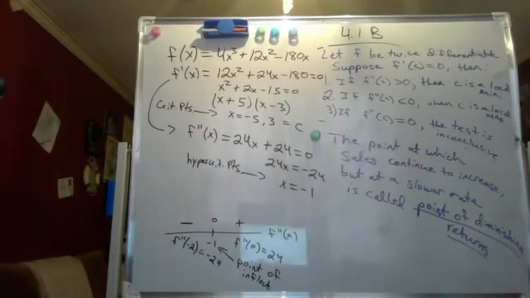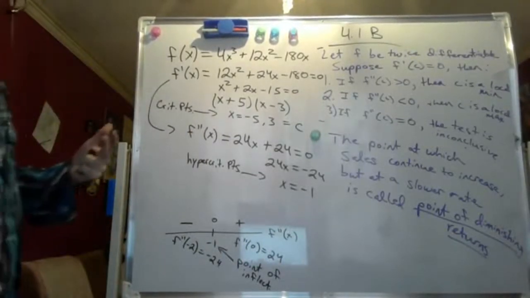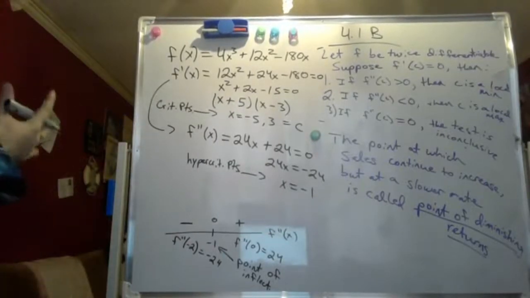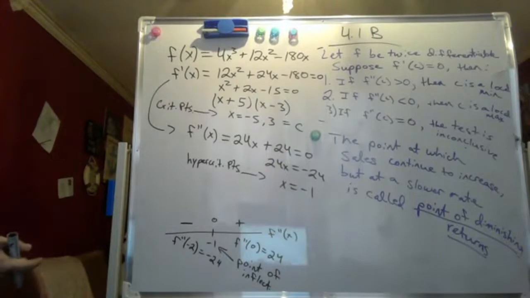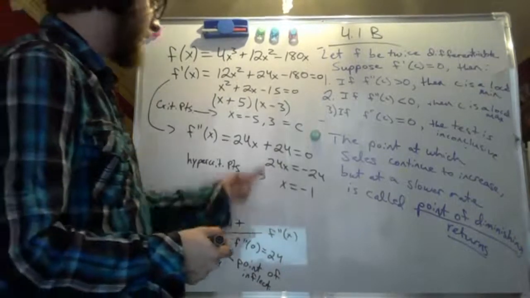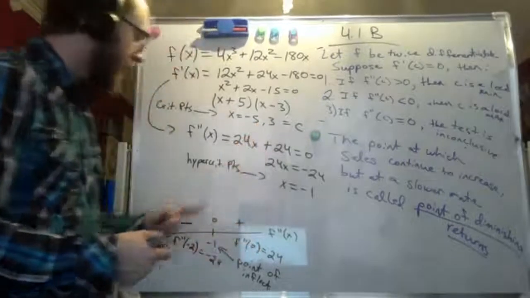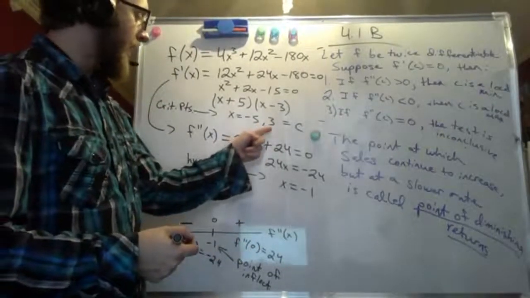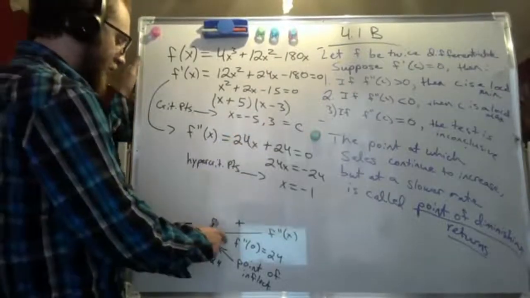But specifically, the question is asking us for what are the local max and min using the second derivative test. So the second derivative test says that I need to test my critical points in my second derivative. So when x is 3, that's to the right side over here.